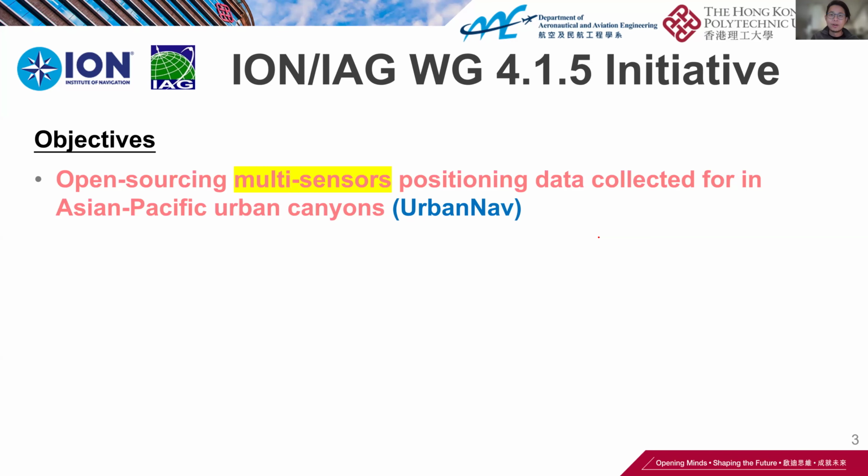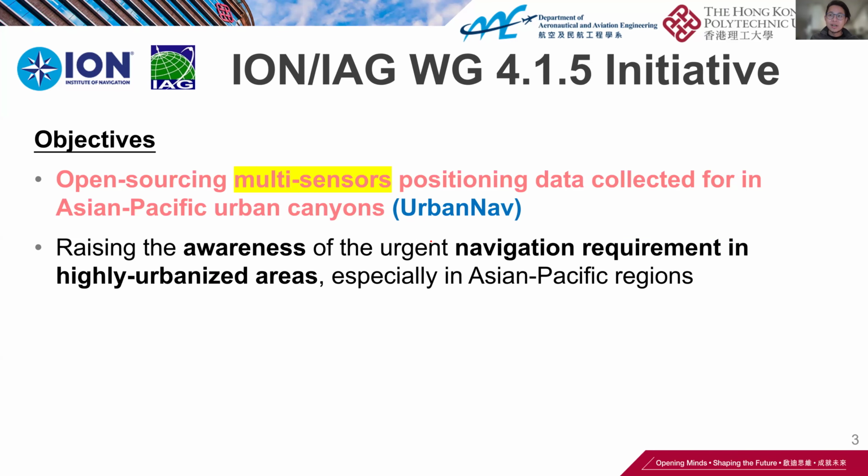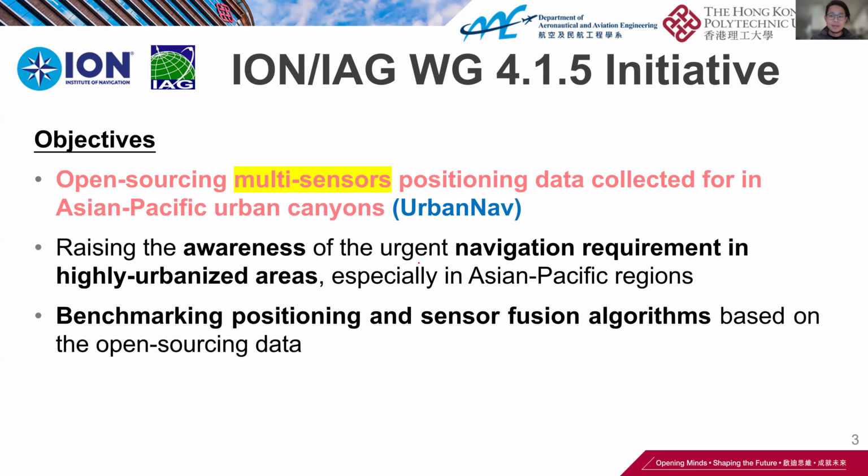So it's very important for us. We want to raise the awareness of the urgent navigation requirement in highly urbanized areas, especially in a city like Hong Kong. And eventually we wish the dataset itself can play a benchmarking role for positioning and sensor fusion algorithms. So that's the goal.